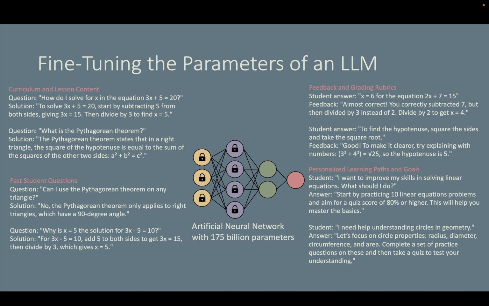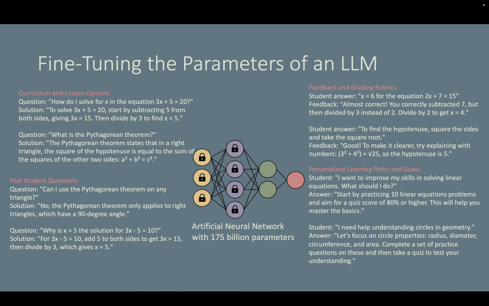We then adjust or tweak only a small portion of the parameters, less than 1%, sometimes even just 0.5%, so it can specialize in new mathematics-focused content without losing its broader understanding. By fine-tuning the large language model with this targeted data, we make it a more effective mathematics tutor, tailored to students' needs.